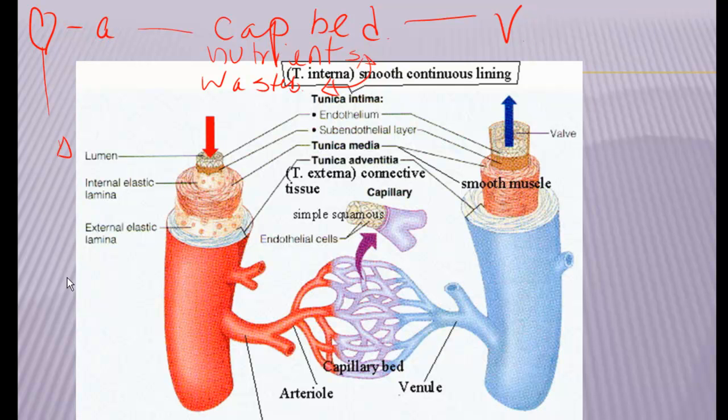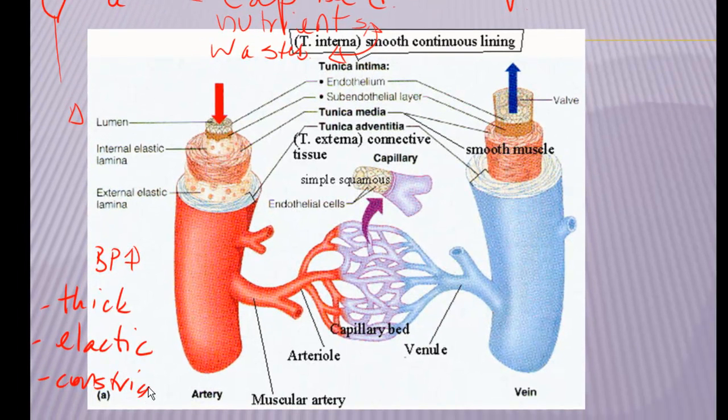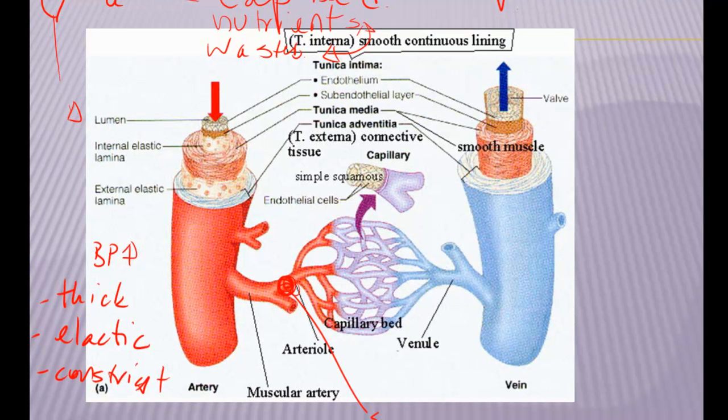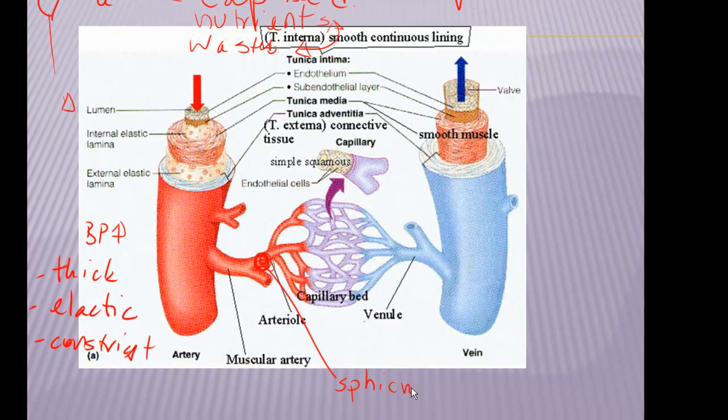So why do I say that? Because we need to know that in the arteries, blood pressure is highest. Therefore, the arteries are designed to withstand this high blood pressure by having thick walls, by having elastic walls so they can recoil. They can also constrict and dilate to help in the regulation of blood pressure. Going on into the capillary beds, blood flow into the capillary beds is controlled by sphincters.